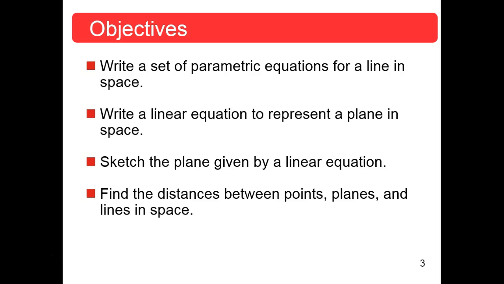This is a set of parametric equations which are linear themselves, but you're basically identifying points with that. This is a linear equation to represent a plane in space, and we'll sketch the plane given by the linear equation and then find the distances between points, planes, and lines in space.